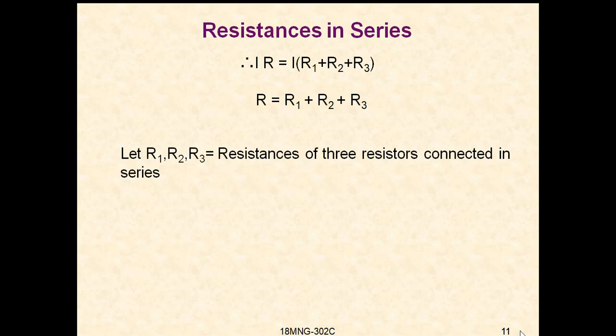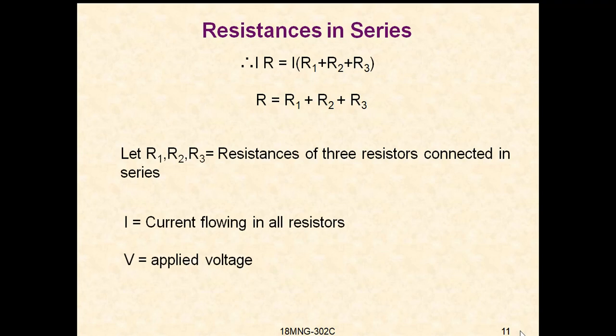Let R1, R2, R3 is equal to resistances of three resistors connected in series, and I is equal to current flowing in all resistors, and V is the applied voltage.